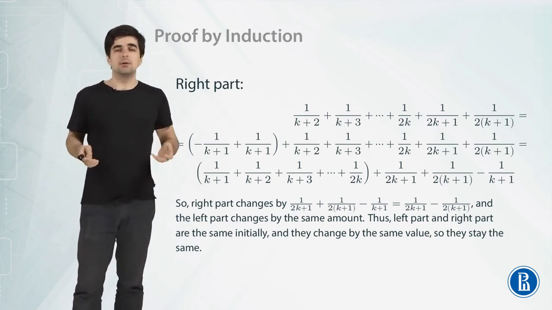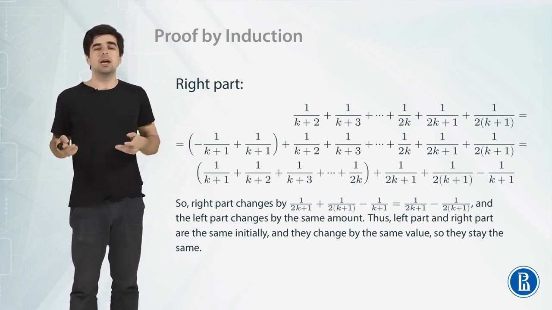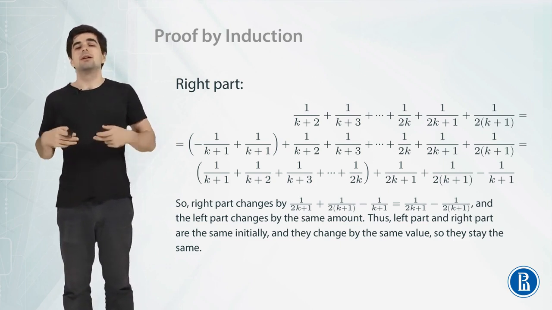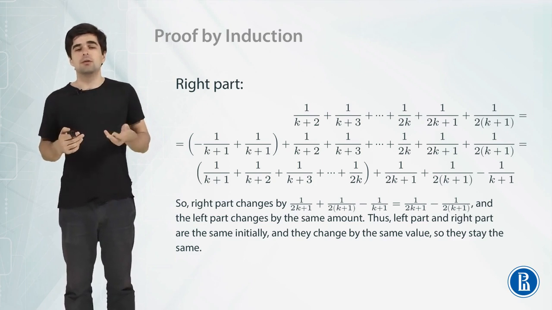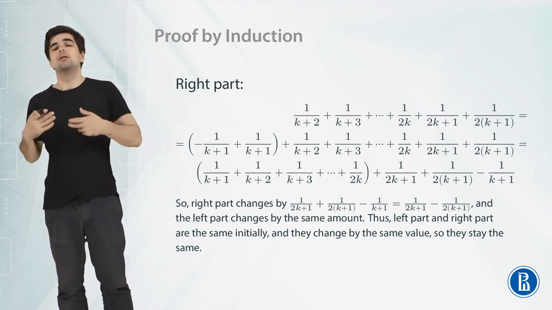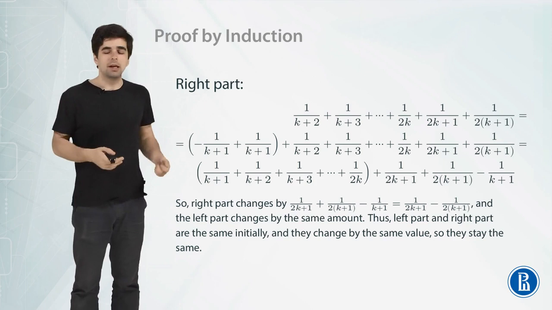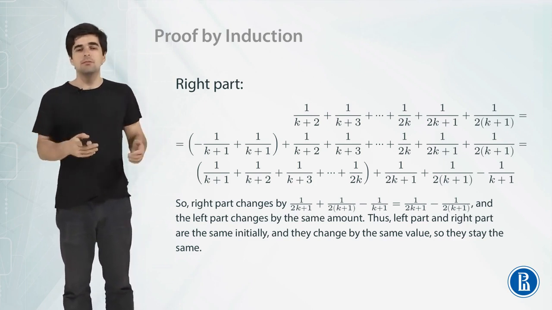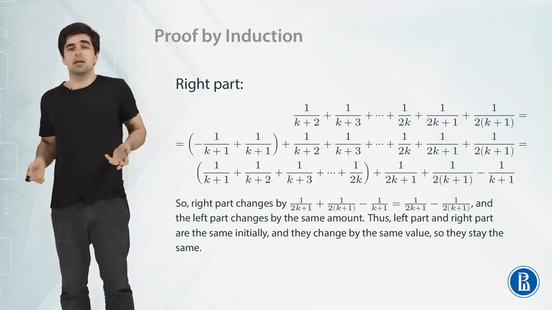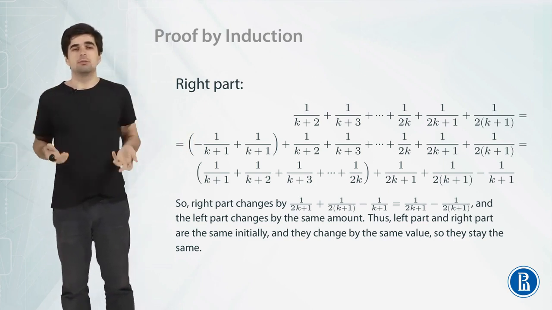And so actually when we rewrite it and simplify it, we see that the right part changes from k to k plus 1 by the same value, 1 over 2k plus 1 minus 1 over 2 times k plus 1, as the left part. So left part and right part change by the same amount, and they were the same for k, so they are the same for k plus 1, and we have proven the induction step.